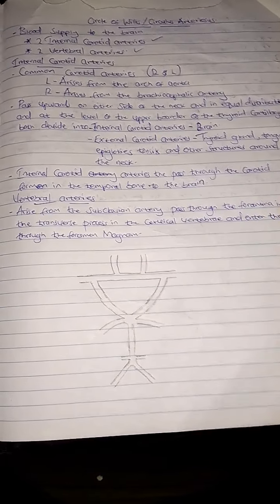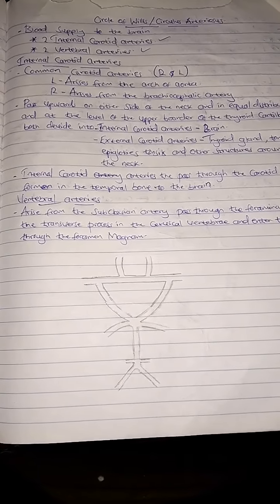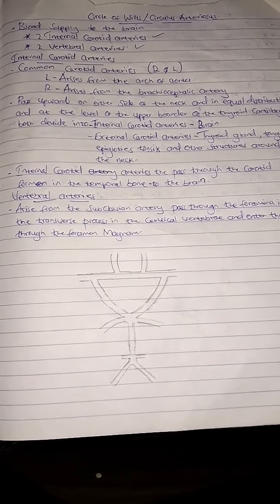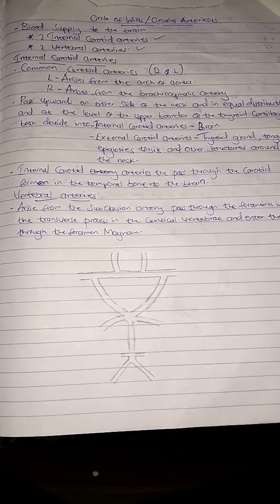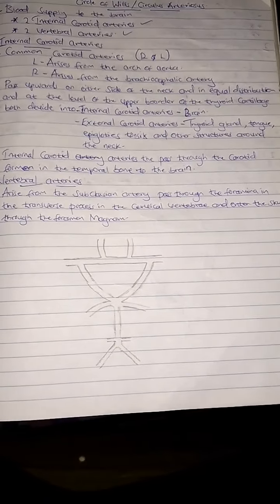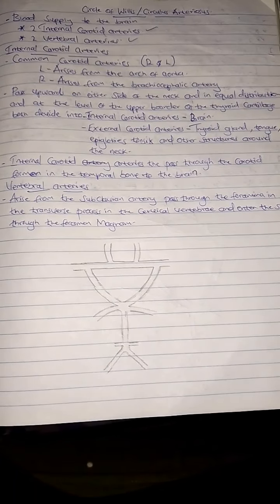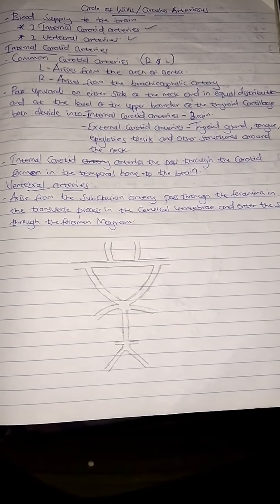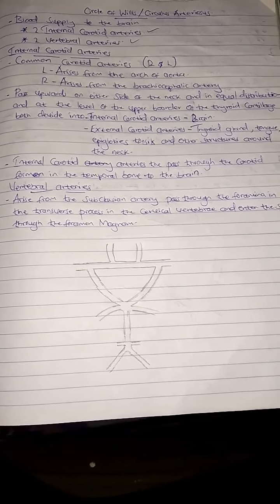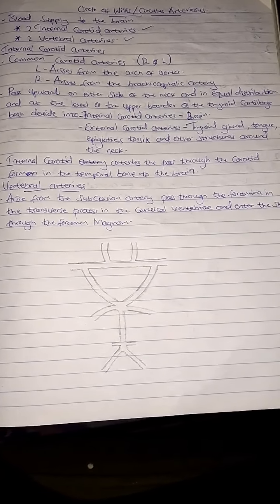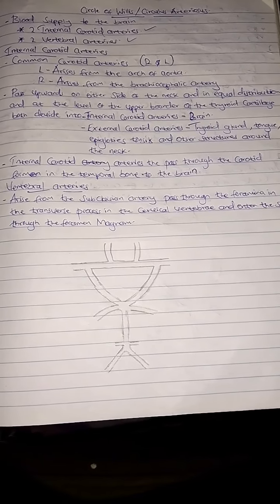The two common carotid arteries, the left and the right, pass upwards on either side of the neck in equal distribution, and when they reach the level of the upper border of the thyroid cartilage, they both divide into the internal carotid artery, which supplies blood to the brain, and the external carotid arteries, which supply blood to structures such as the thyroid gland, tongue, epiglottis, tonsils, and other structures around the neck.